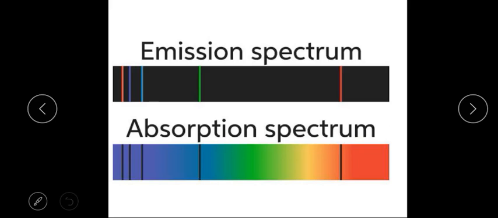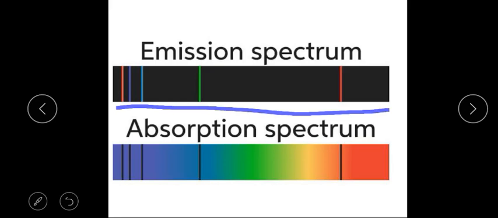This is called the line emission spectrum, which consists of a series of lines of various wavelengths. Here you can see red, green, blue, violet. In this way you get a series of lines of various wavelengths emitted by an atomic gas when an electric current is passed through it.